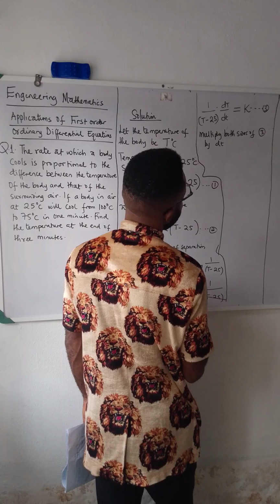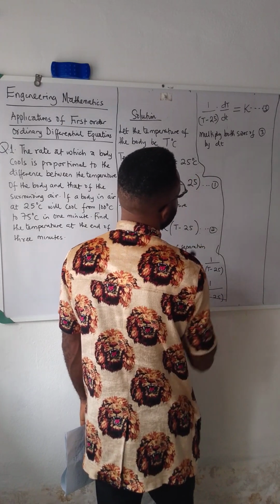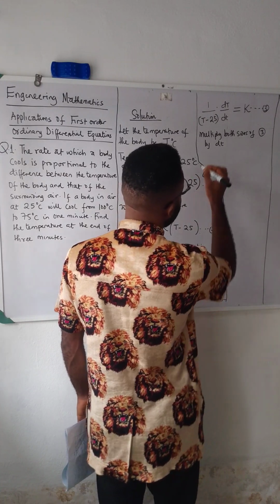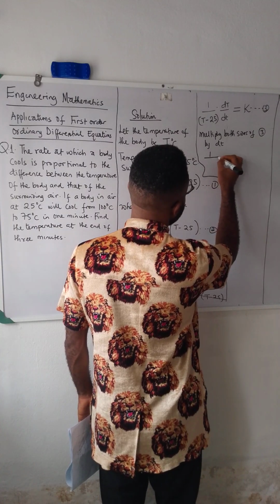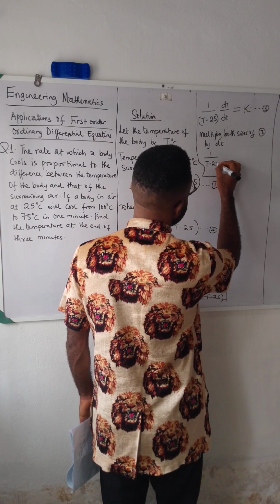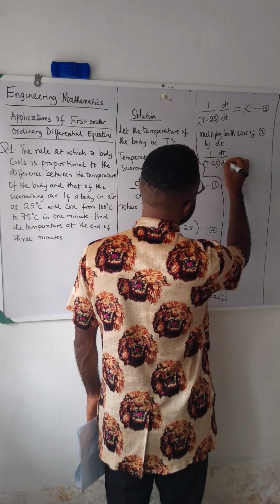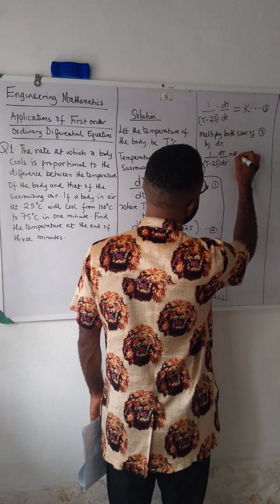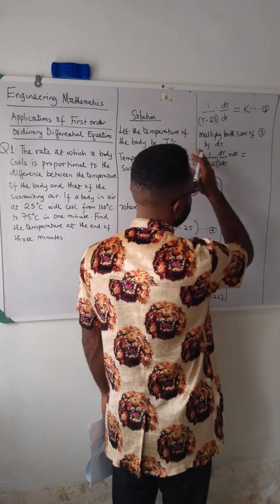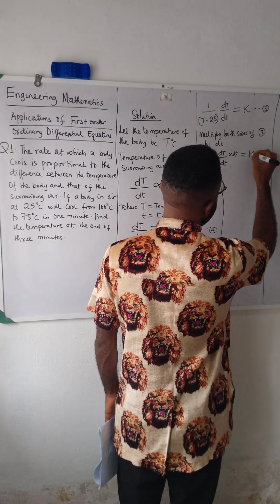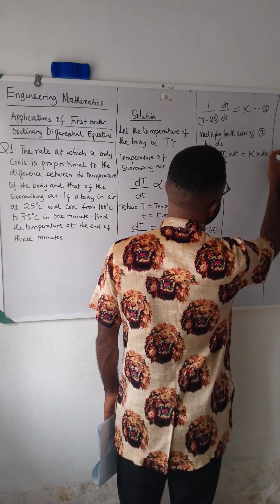When we implement this mathematical statement, we are going to have 1 over T minus 25, dT over dt times dt will be equal to this for the left hand side, and then for the right hand side we have k times this.